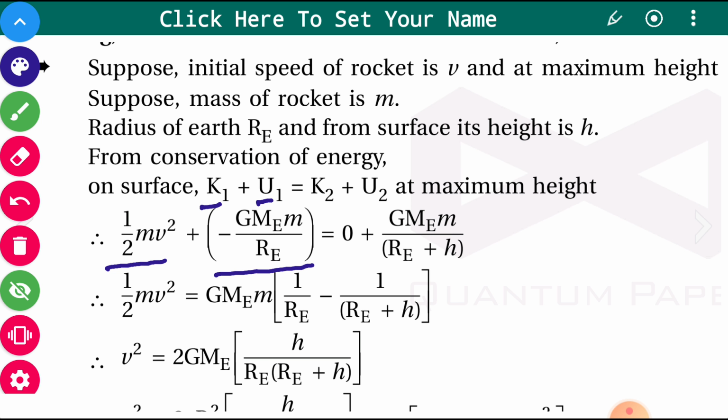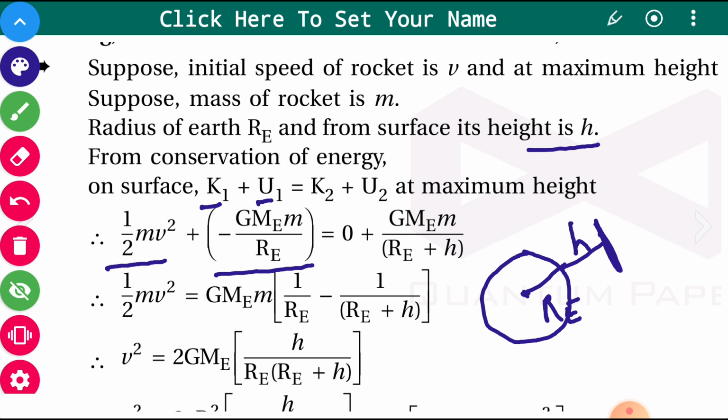Now we consider that this rocket reaches height h and it stops there for a while and comes back. So its distance from the surface of the earth will be Re and the height. So the total distance finally from the center of the earth will be Re plus h, and it will have only potential energy at this point.